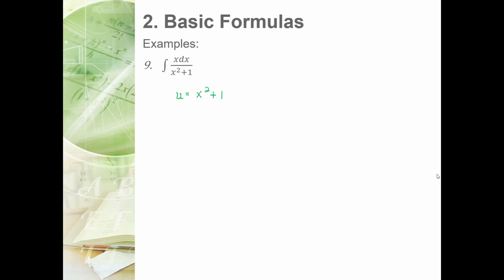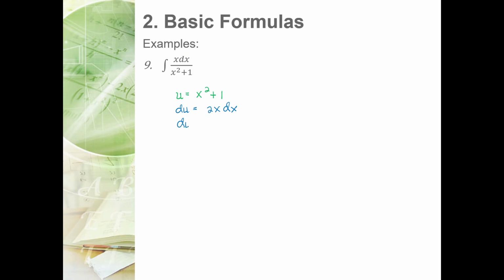Then getting the derivative of your x squared plus 1, du is equivalent to 2x dx. Right? So again, the numerator is x dx only, so we have to divide by 2.